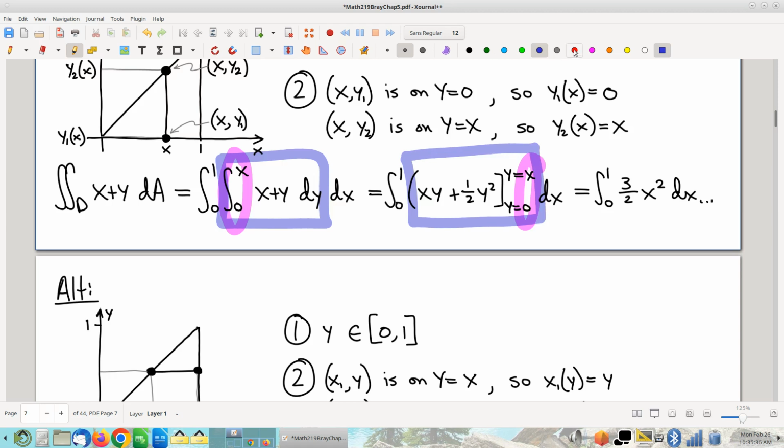It feels strange to be plugging in a function of x in for y. But it's not a problem. x, of course, is a constant. x is the outside variable. So it's going to feel a little weird. It's perfectly fine. Nothing to worry about.